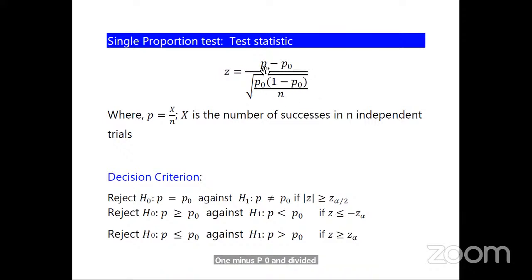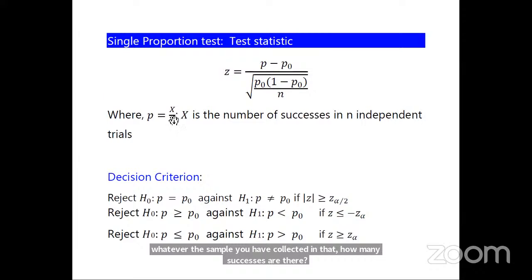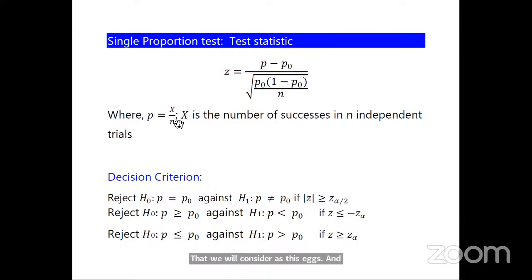Okay. Here X is the number of successes in independent trials. Whatever sample you have collected, the number of successes in that we will consider as this X. N is your total sample size.